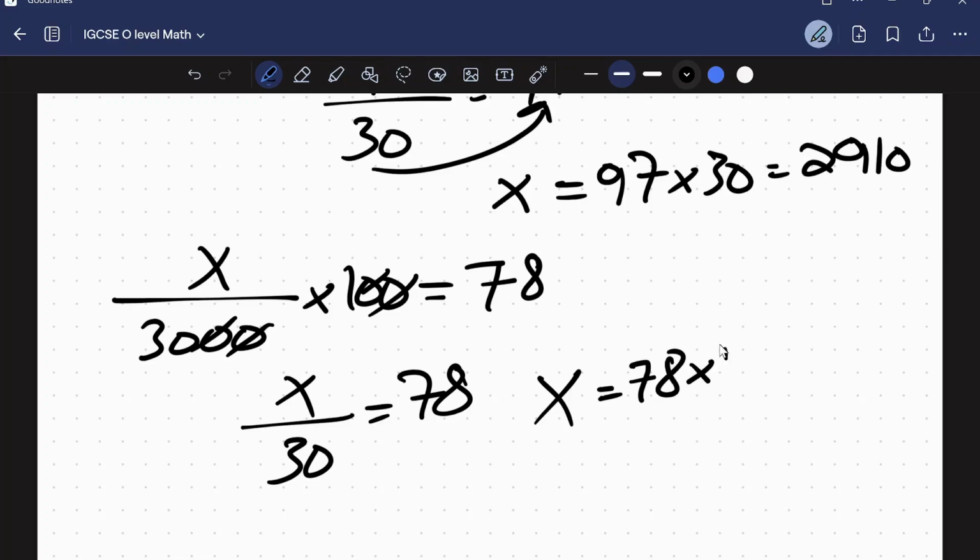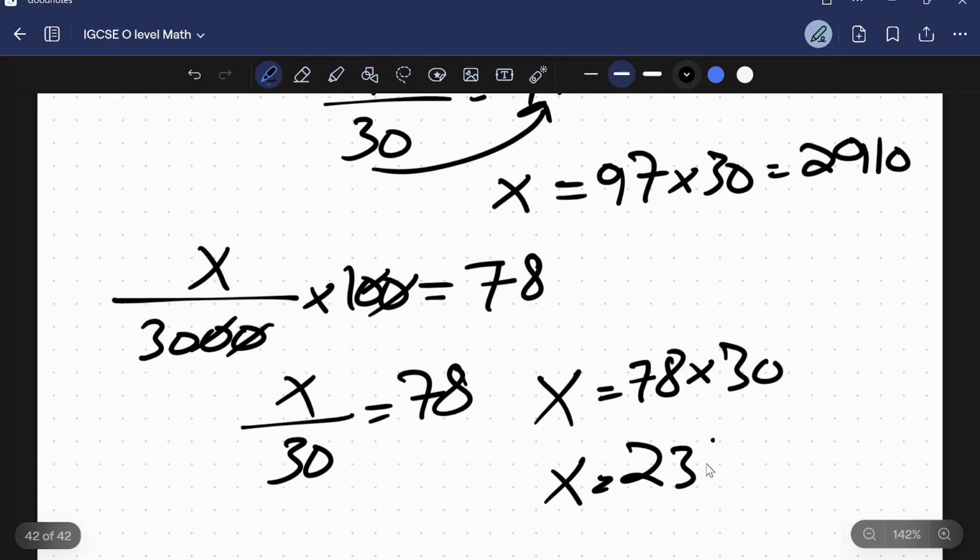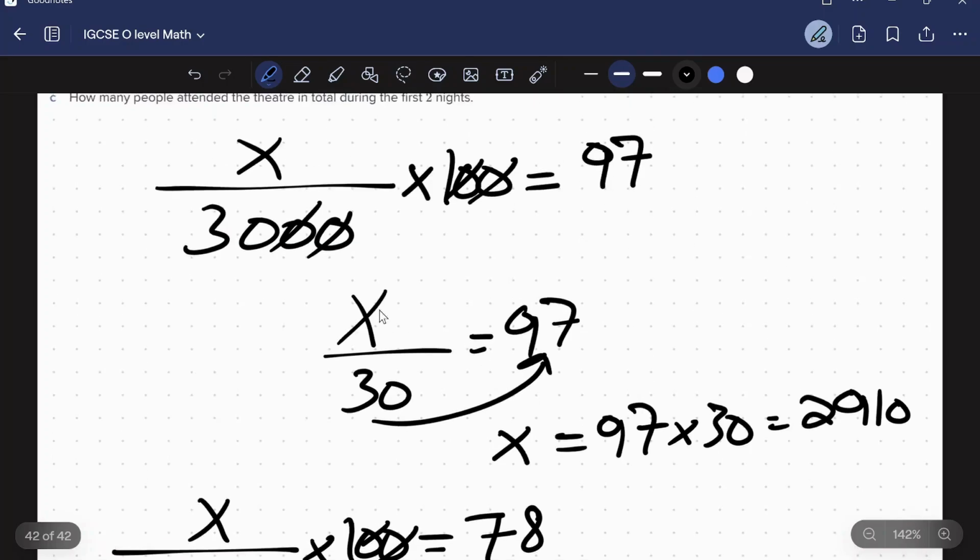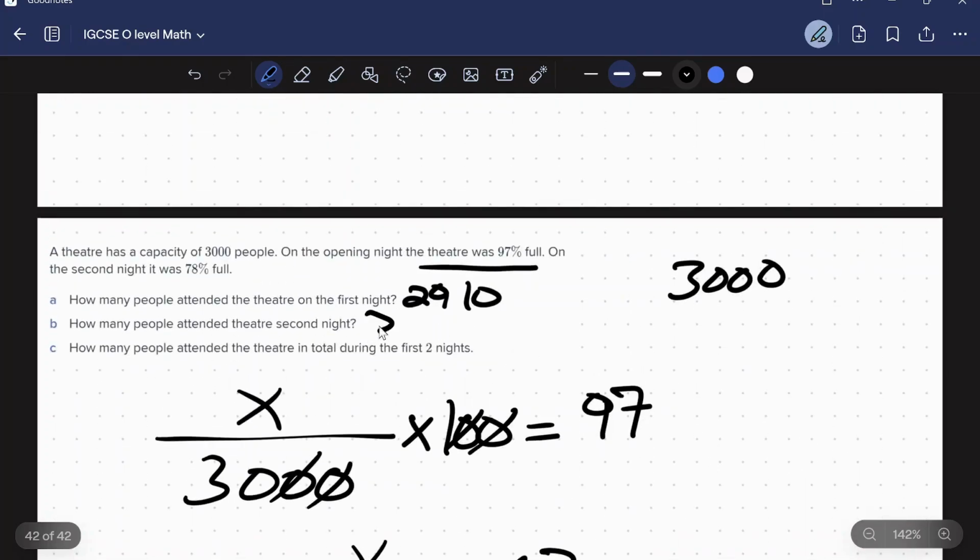So 78 times 30 is 2340. So on the second night there are 2340 people in the theater. Of course, because on the second night it's not as high as on the first night, right?